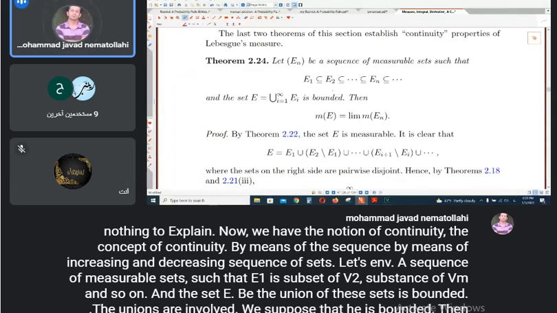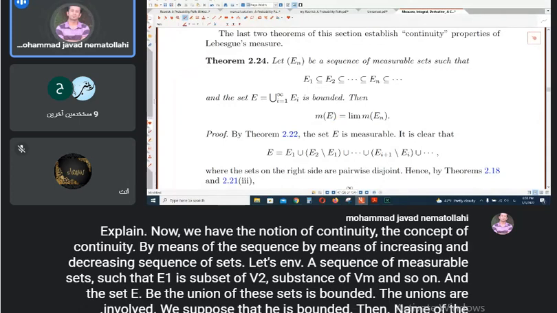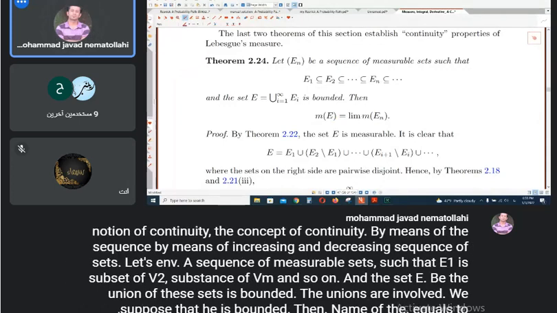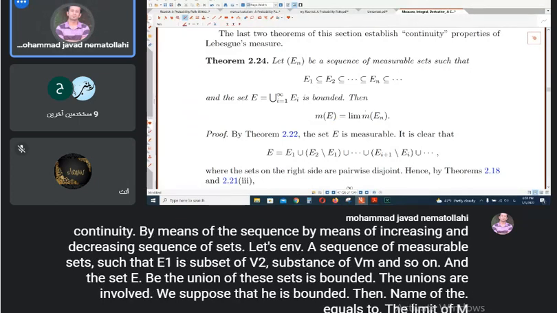Then M of E equals the limit of M of E_n.